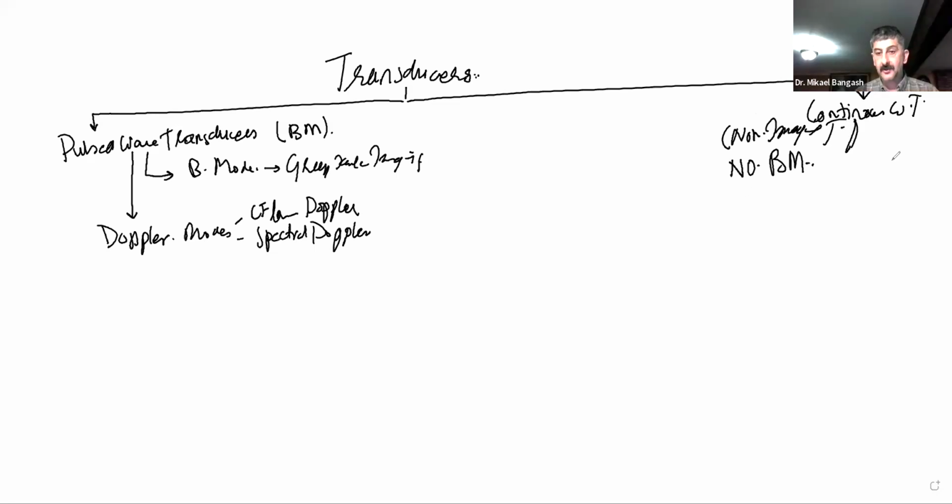Now, let's just try to get this one out of the way. If you want to know what we are talking about, that's the figure you find on page 313. So let's first talk about the continuous wave transducer.